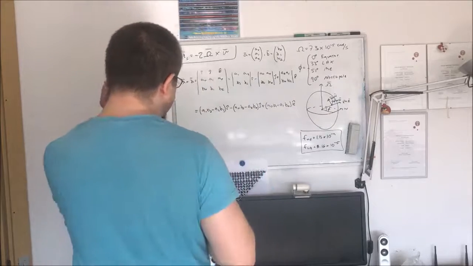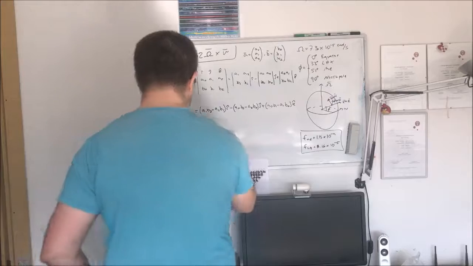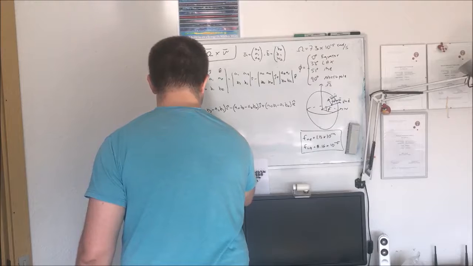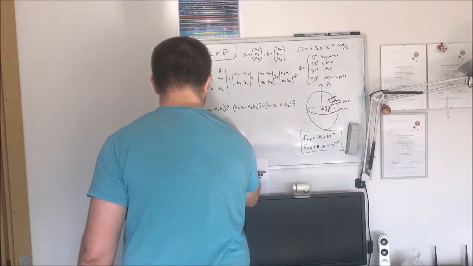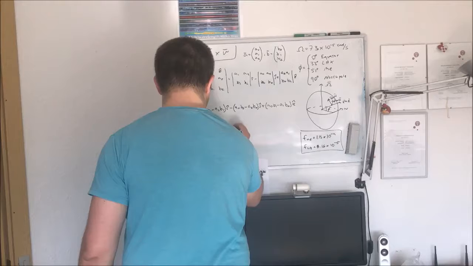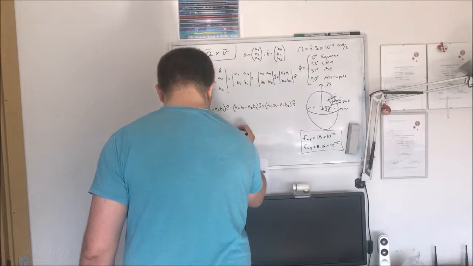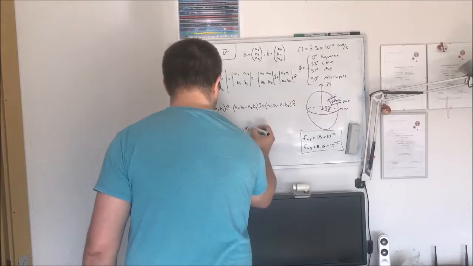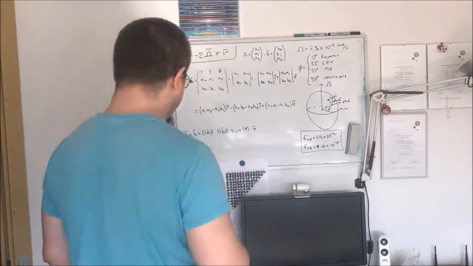There's another option. If you want the magnitude, then you can also solve A cross B as the magnitude of A times the magnitude of B times the sine of the angle theta between them times a normal vector.